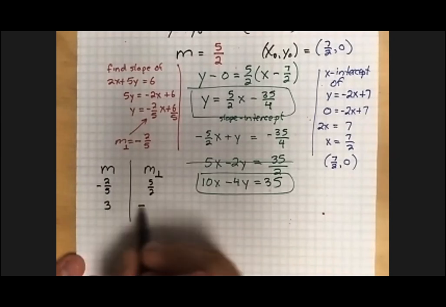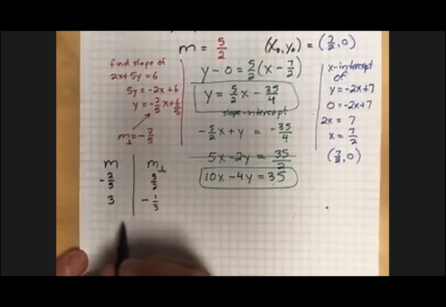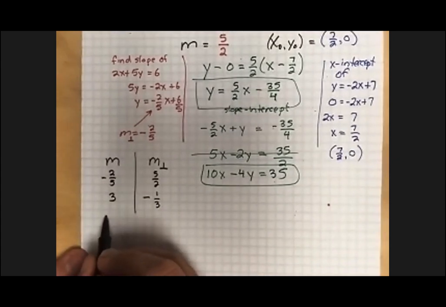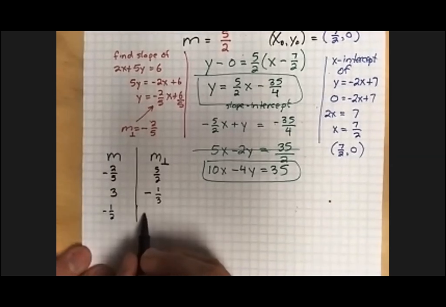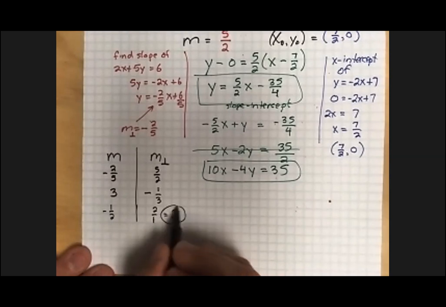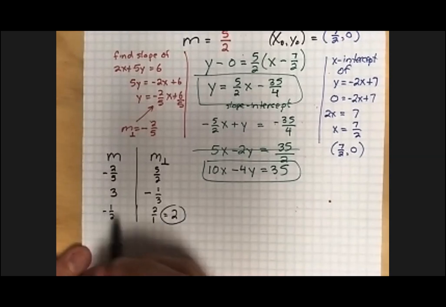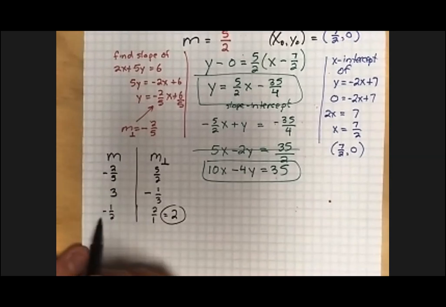How do you flip over 3? 1/3. What's perpendicular to 1/2? Negative. Change sign, make it positive, no problem. Flip it over, 2 over 1, but just say 2. So positive 2, negative 1/2. So remember, when you do perpendicular, you change the sign and take the reciprocal.